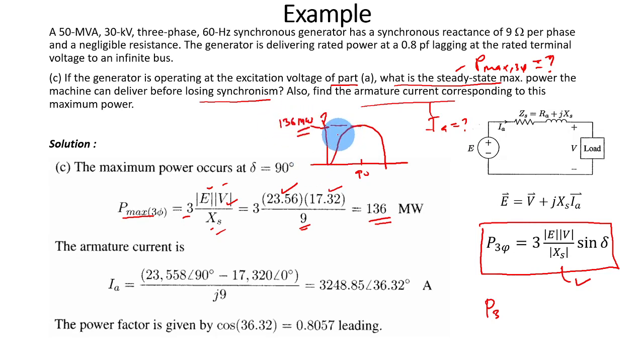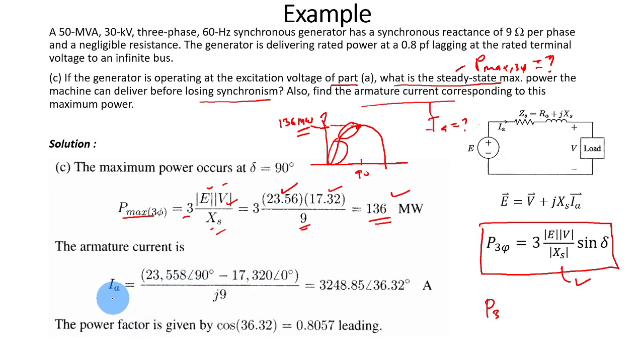In fact, it cannot even operate at 130 because it is very close to what they call the static stability limit. So the operator will always try not to operate the generator even close to this region, maybe around this region only. All right, after you calculated the maximum power of 136, the question asks you to find the armature current.